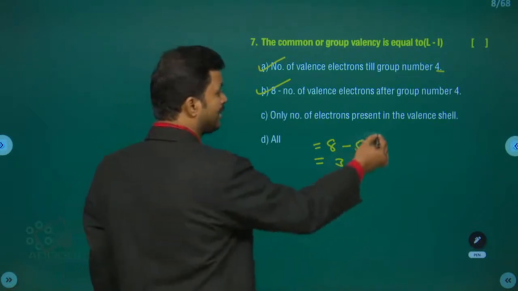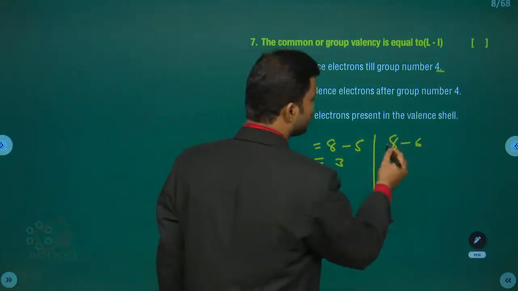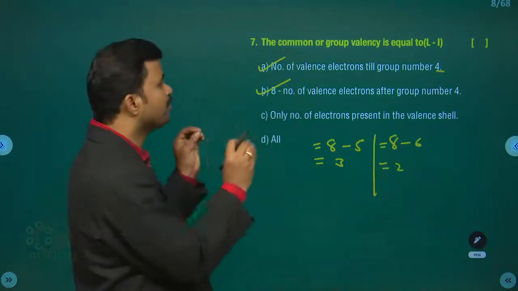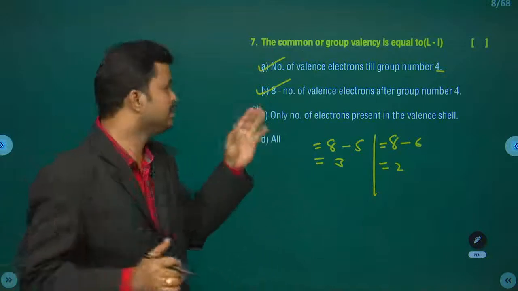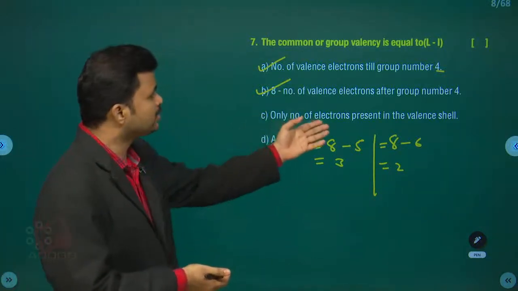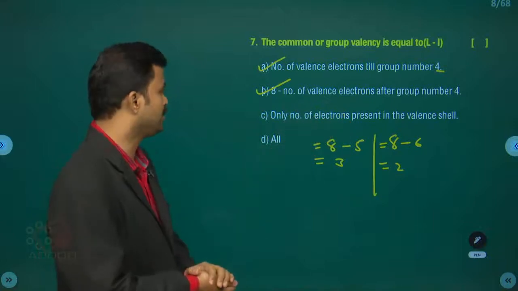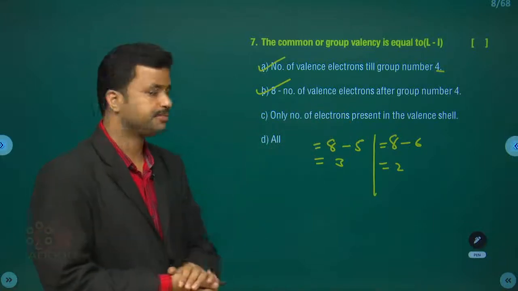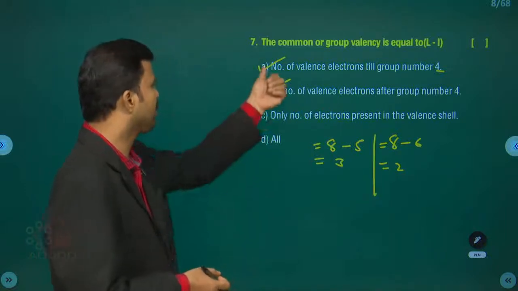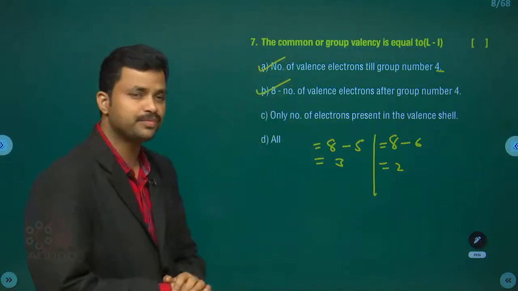Even if you take the oxygen atom, 8 minus group number 6, combining ability is 2. So the general formula is accepted for the second period, only for the number of electrons present in the valence shell. Not every element is validated. Right? So A and B are the answers for the given statement.